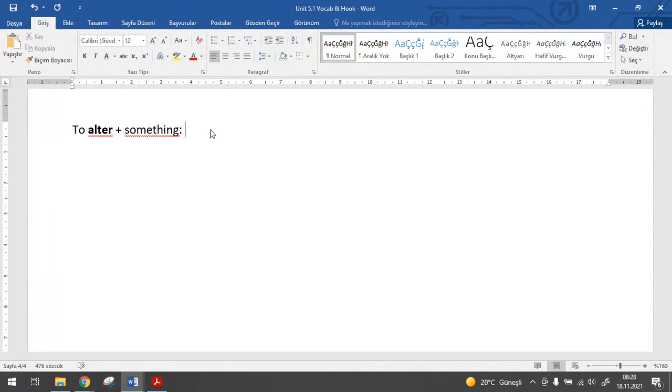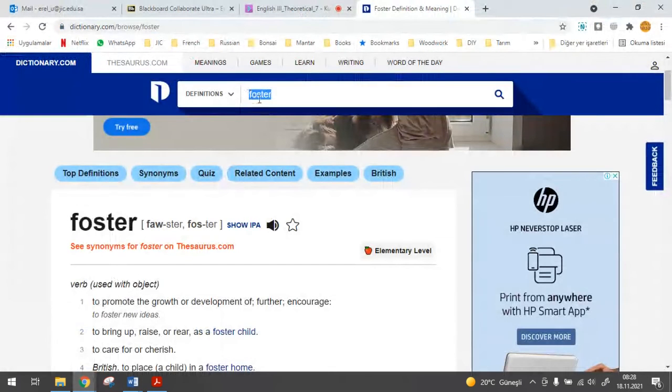It is a more academic word, which means to change or to modify something. Let's take a look at this dictionary one more time so that you remember.